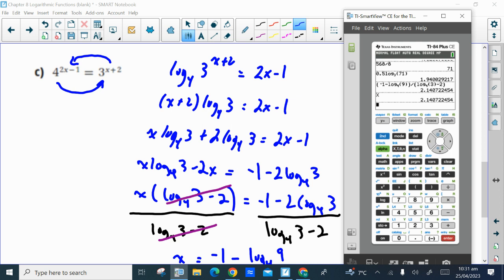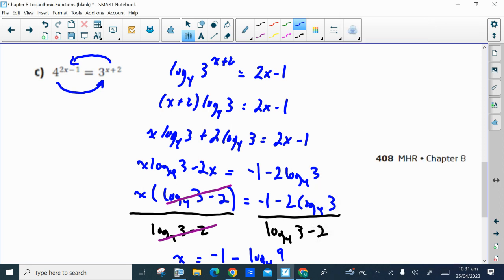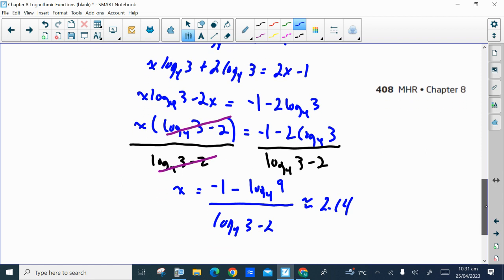So when I go x enter, it spits it out. It's exactly the same. So it checks. You should never get these wrong, or at least you should know that the answer you get is not correct, because you can always check them graphically. Okay?